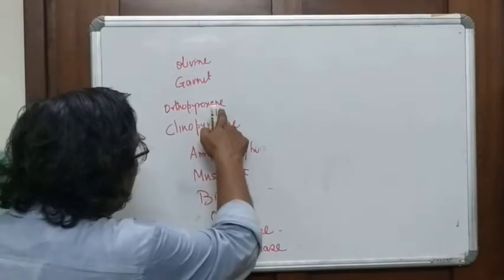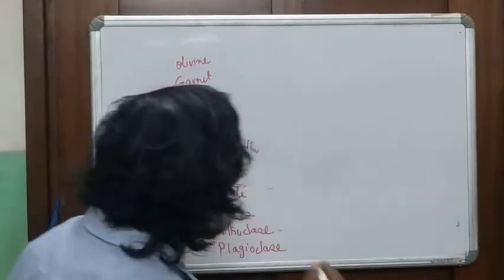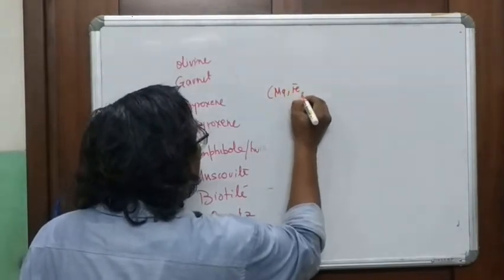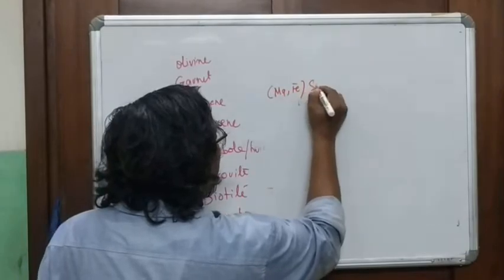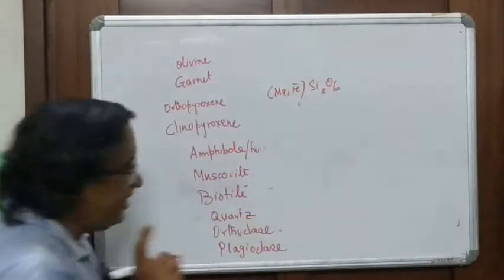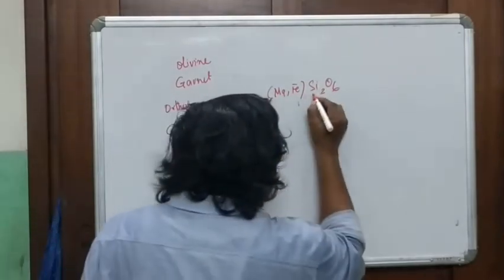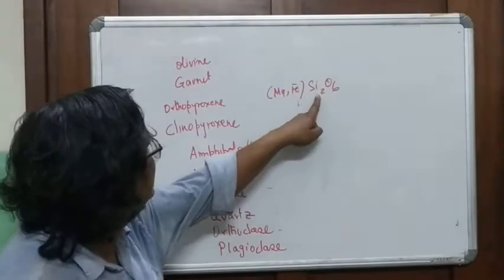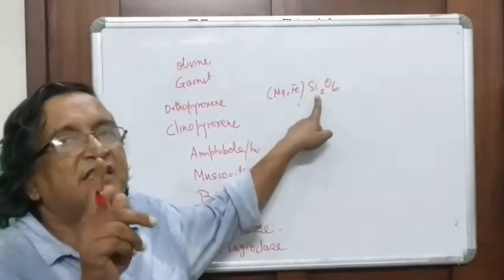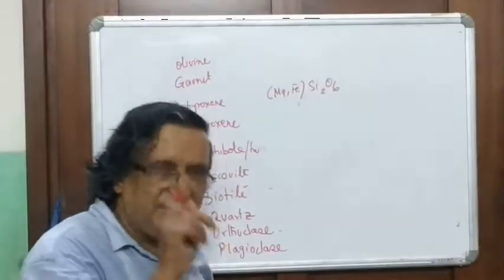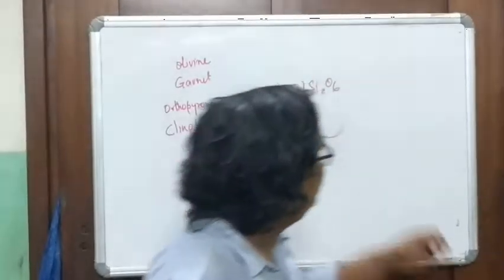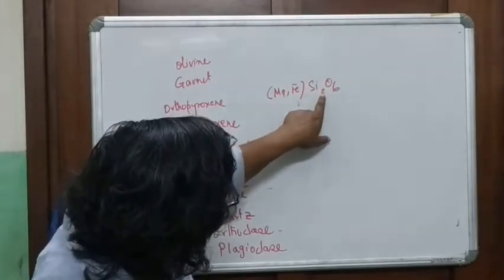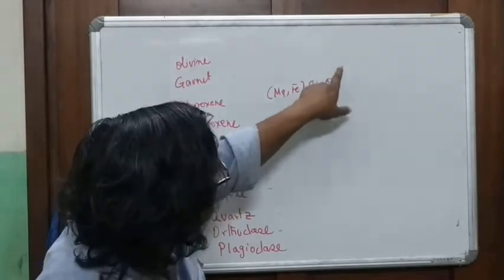Then you have orthopyroxene. Here the formula is (Mg,Fe)2Si2O6. Now see here, there's an important difference. Here silicon to oxygen is 1:3, which is a characteristic of a single chain inosilicate. If you see, you have 8 positive charges here and 12 negative charges here, so it's -4.